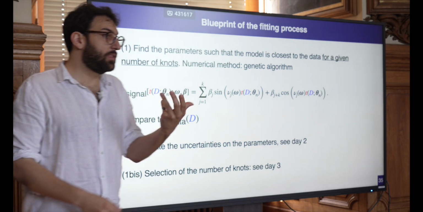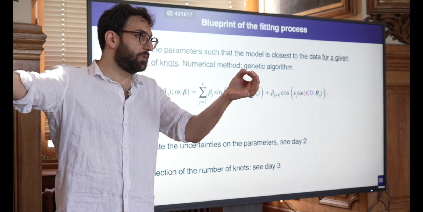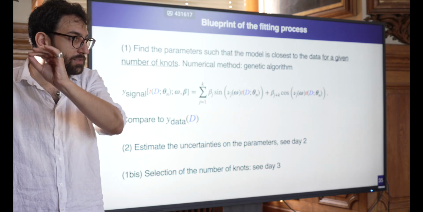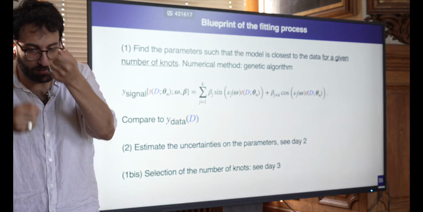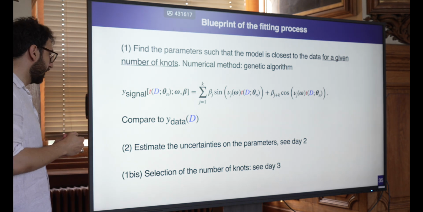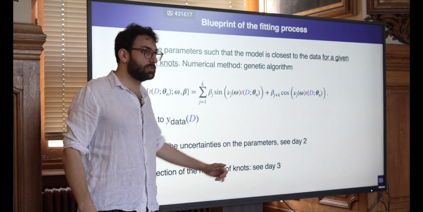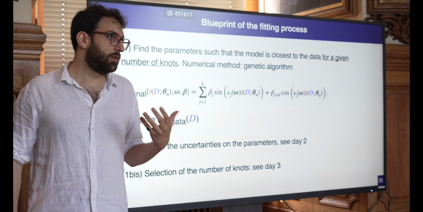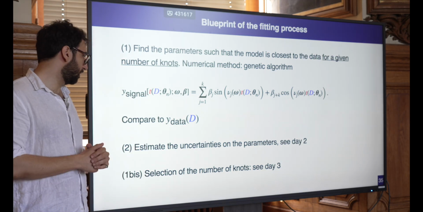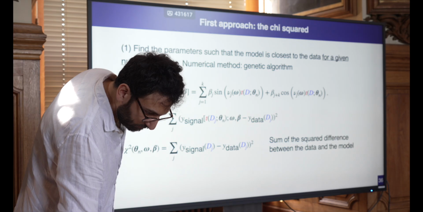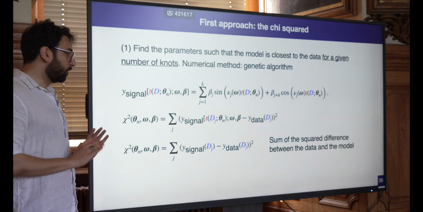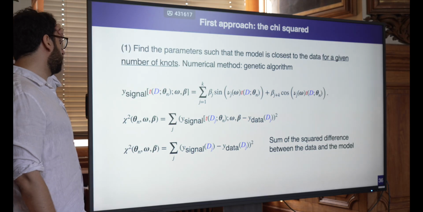And remember that there is a certain number of knots in my parametrization of the time depth function, which define the granularity of this function, like how much freedom I have in defining this quantity. And the selection of the number of knots, I need a full conceptual framework to do it, and we will see it on day 3. So today I will only talk about this particular step.